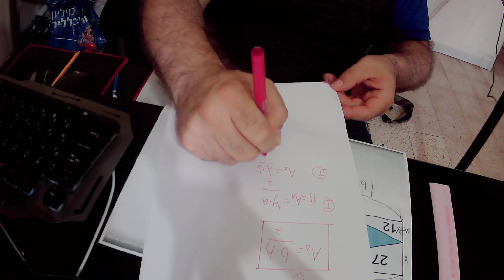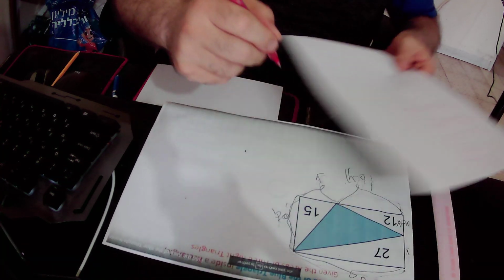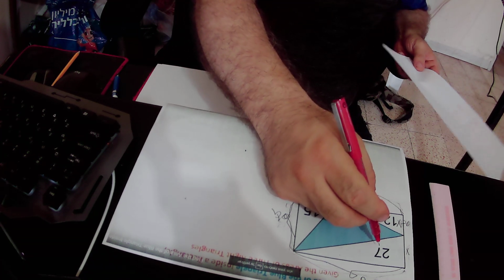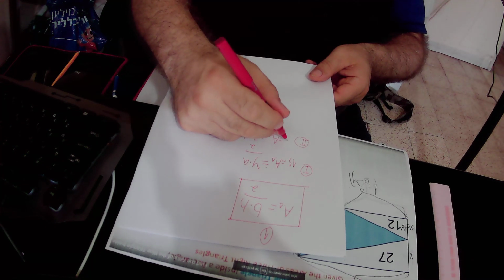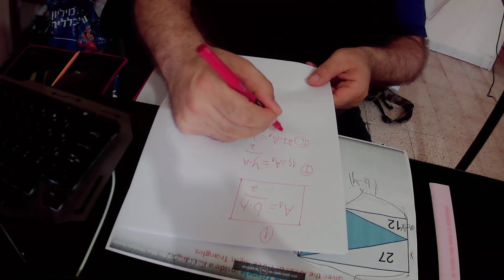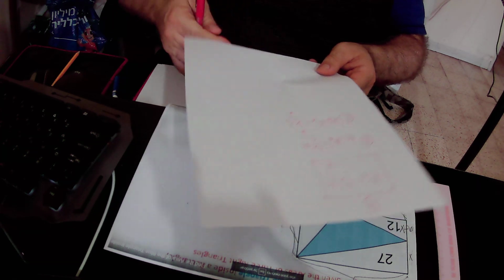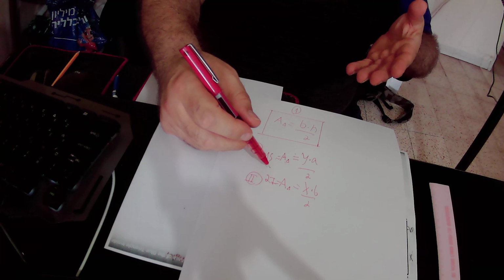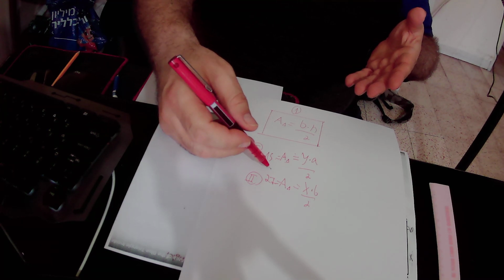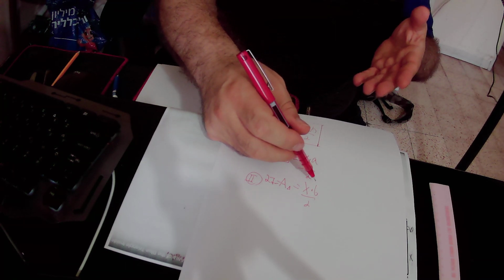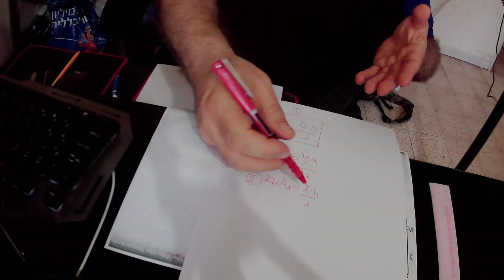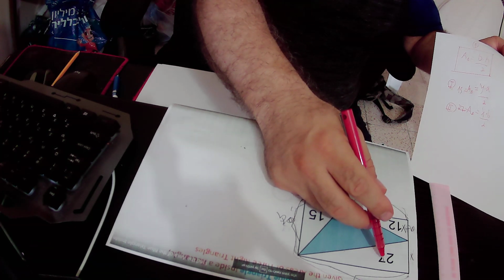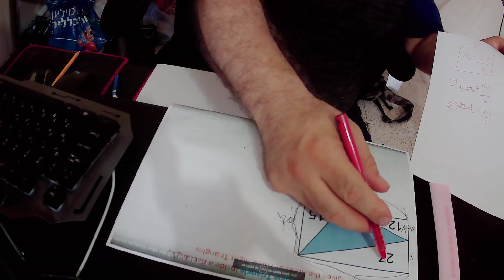But we know that the area is 27. So we can write that the area equals 27 units. Okay, this is the second equation. The area of the triangle is 27 units, and it is equal to its base, that is b, times its height, that is x, all divided by 2. So this is the area of this right triangle, that is in white color.